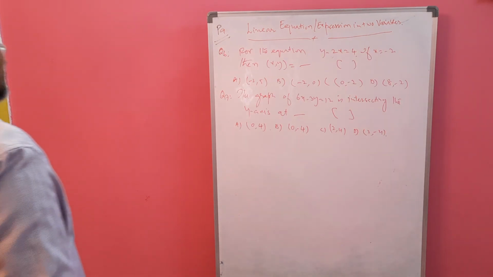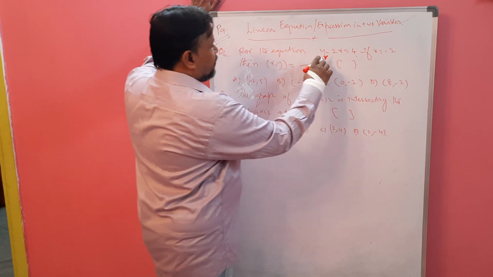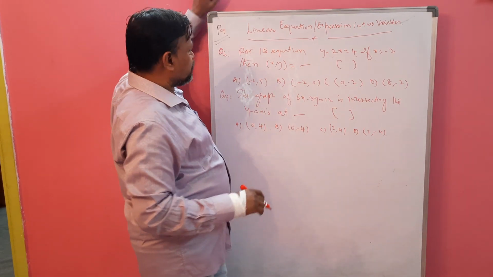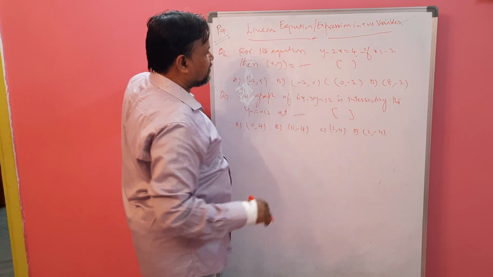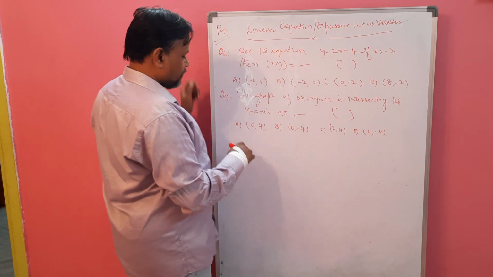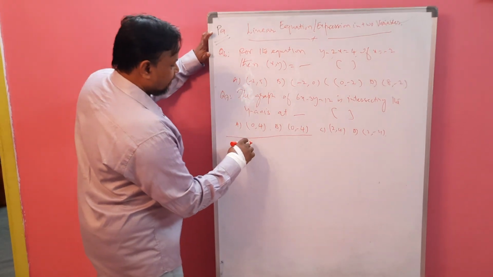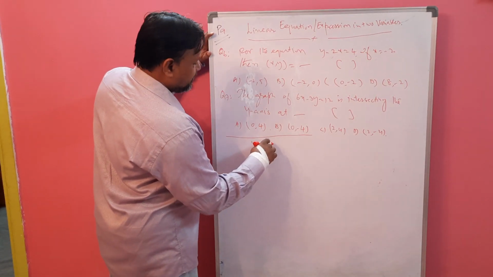Now question 6. For the equation y minus 2x equal to 4, if x equal to minus 2, then (x, y) is dash. So the solution for 6: our equation is y minus 2x equal to 4.